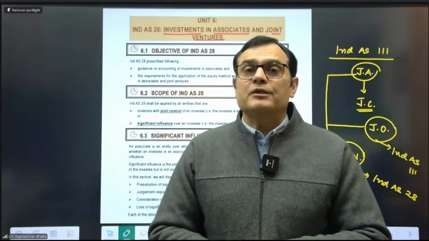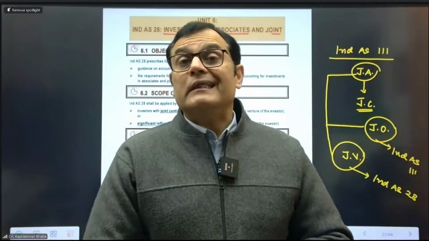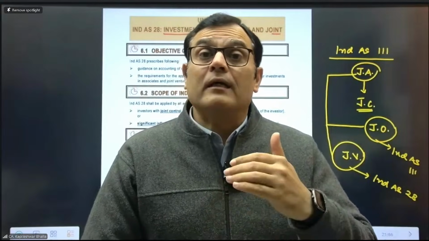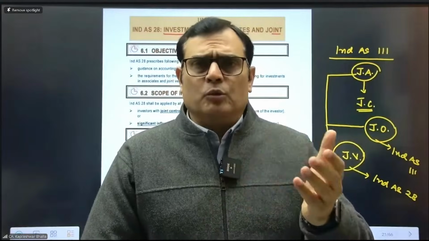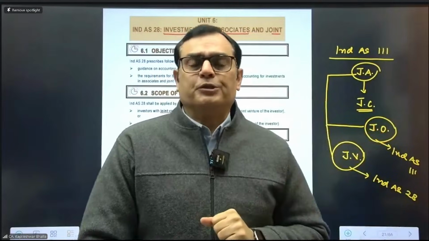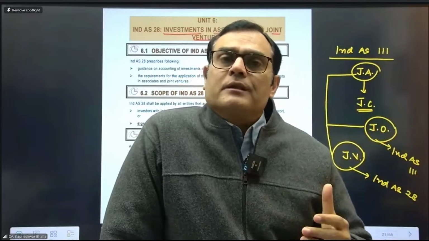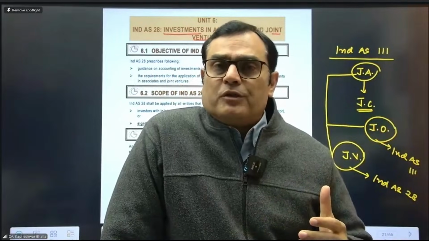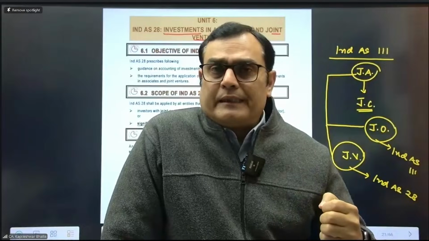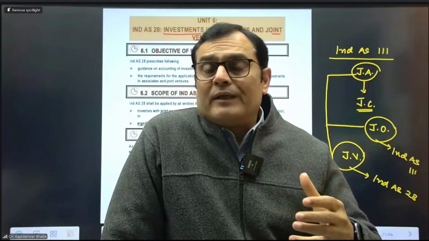But in terms of Ind AS 28, this technique is called equity method of consolidation, which is also called one-line consolidation. Though the standard does not use the word one-line consolidation, the standard uses the term equity method of consolidation. But once you look at the essence of the consolidation technique, you realize it is a one-line consolidation.